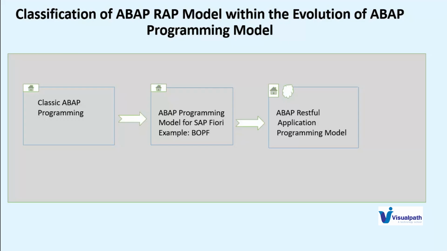In BOPF, we have the concept of business objects, like for route, what is the business object, and for item, because in transportation management we have route tables and all other tables are associated with that route table. So that's how you have multiple types of business objects. Then we can write our code. As you have worked on SD or other modules, there we can do enhancements using user exits or BADIs, but in transportation management, we cannot have that flexibility.